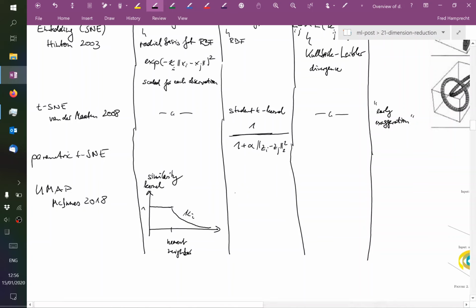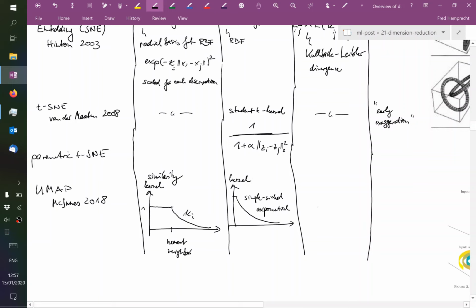And in the low dimensional space, they use a single-sided exponential, also potentially with a small, I think unimportant, offset here. So this is a single-sided exponential function. That's the kernel in the low dimensional space.